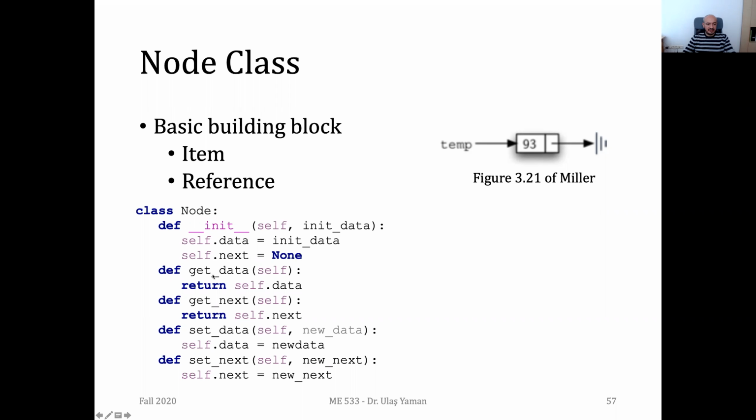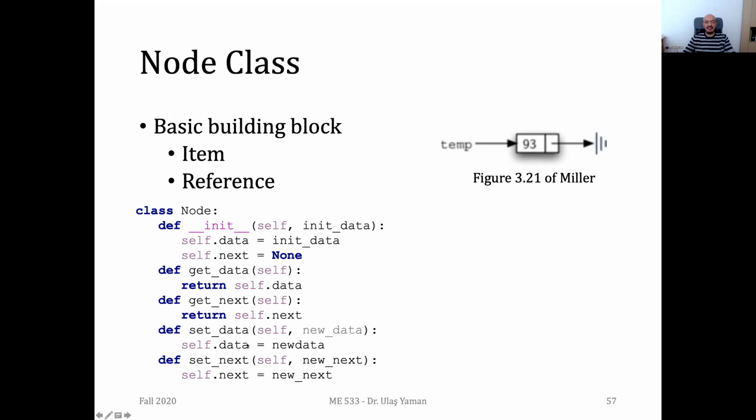And we have some get and set operations here. We get the data with the help of this get operation. We get the address of the next value in our unordered list. This is done with the help of the simple operation here. And then we have the set operation. For the set data operation, we need to have the value of the new data.